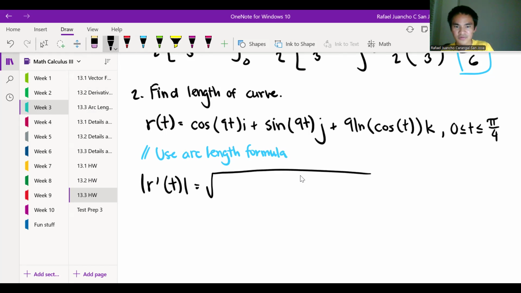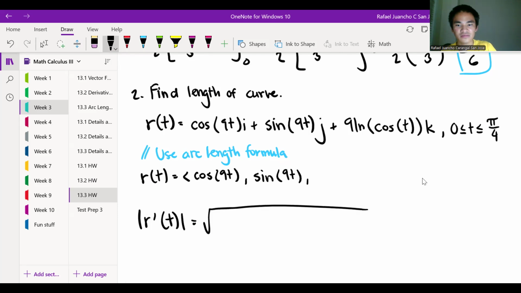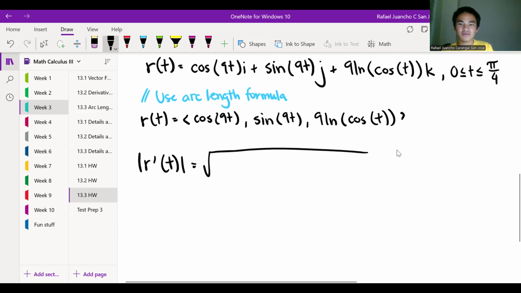So let's quickly do a square root. Oh yeah, before I do that, let me convert the vector form. My position vector is cosine of 9t, comma, sine of 9t, comma, 9 ln of cosine of t. Okay, now we just get their derivatives.